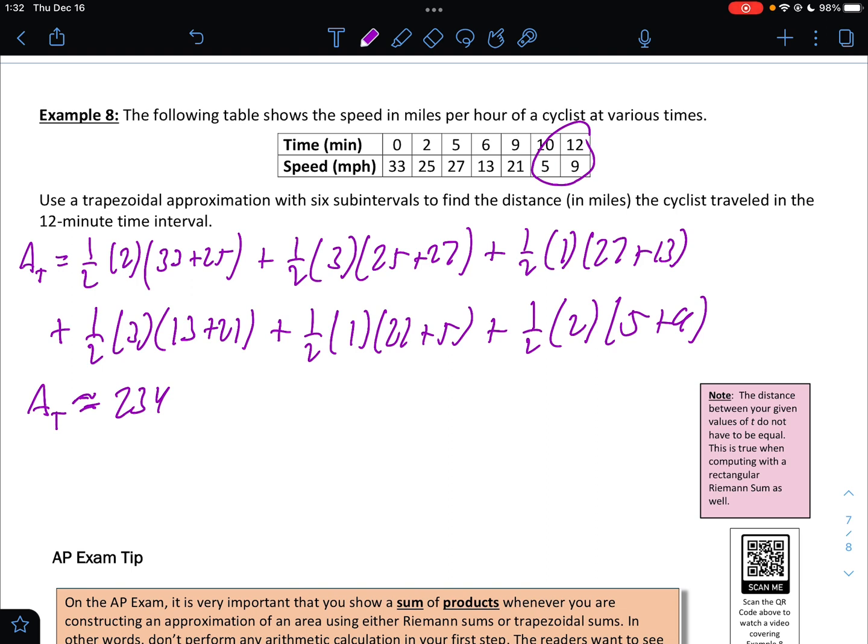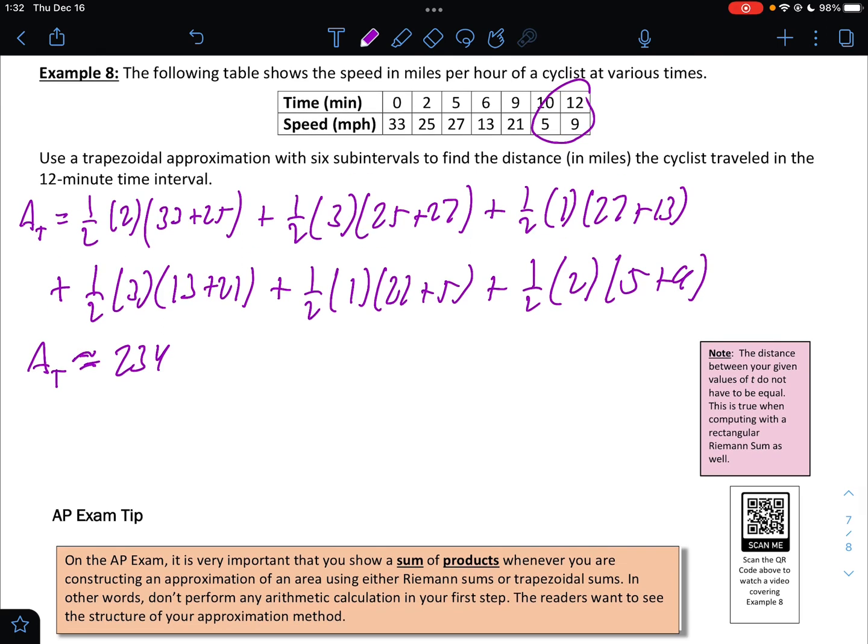So what does this mean here? We want to think about what this number actually means. The speed is in miles per hour, the time is in minutes. So we're talking about two different units, and we've got to figure out what that would be. So it's 234 miles in 1 hour, and 1 hour is 60 minutes.